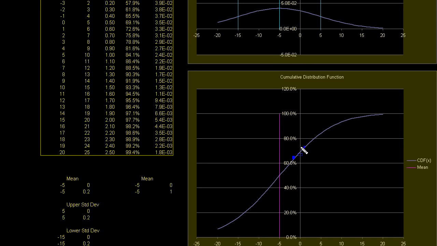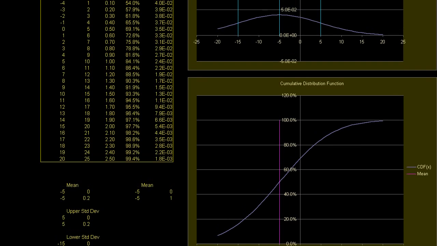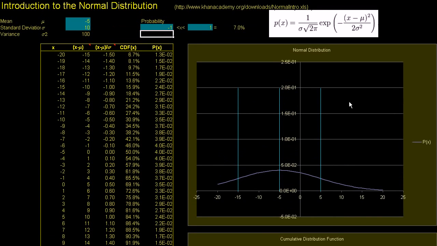I subtract this number from this number, and that tells me essentially the probability that I'm between those two numbers. Or another way to think about it, the area right here. I really encourage you to play with this and explore the Excel formulas and everything. This area right here between -1 and 1.